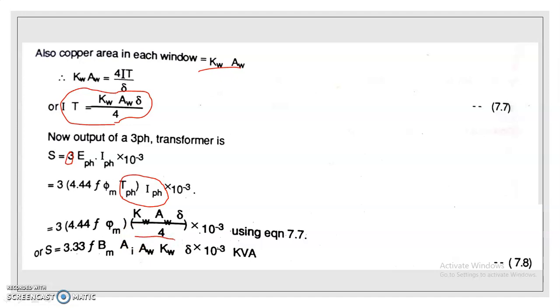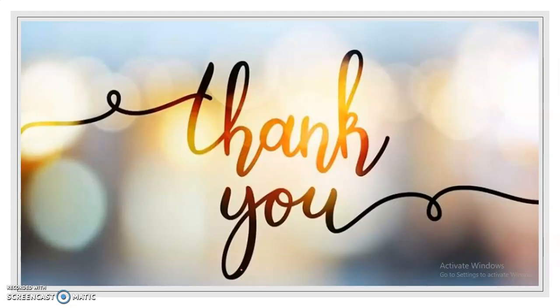By simplifying this equation and substituting for phi m, which is nothing but Bm into Ai, we will get S is equal to 3.33 f Bm Ai Aw Kw del into 10 raised to minus 3 in kVA, which is the output equation of the 3-phase core type transformer. Thank you for listening to me. Thank you very much.